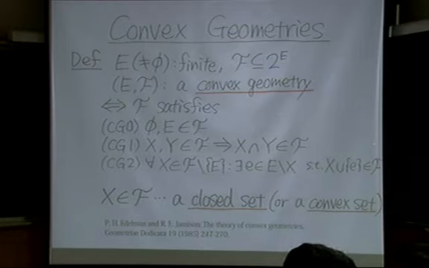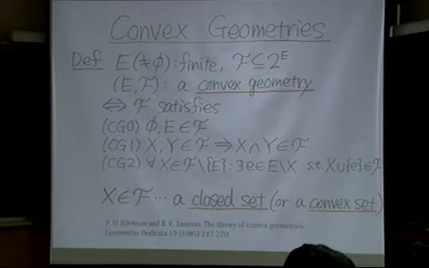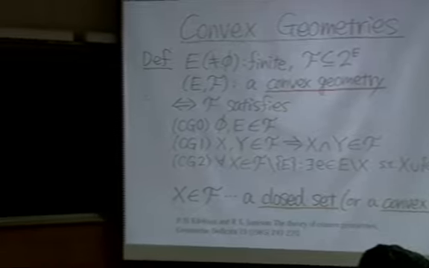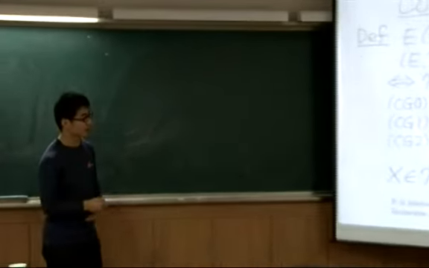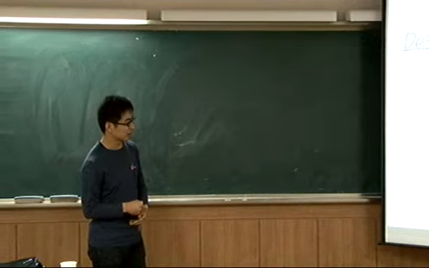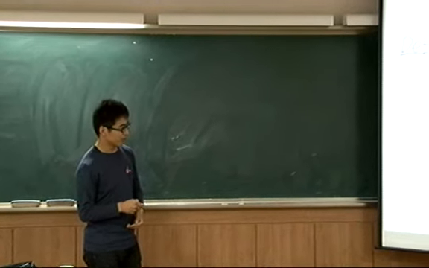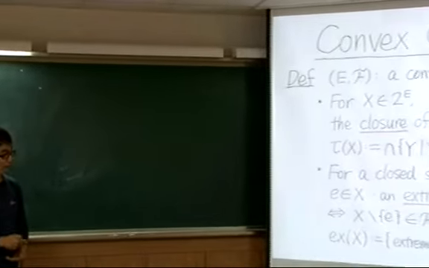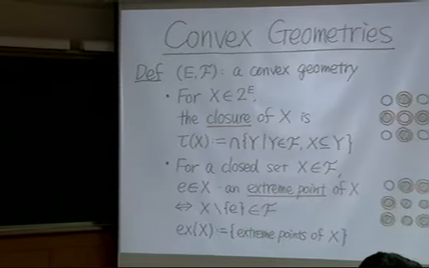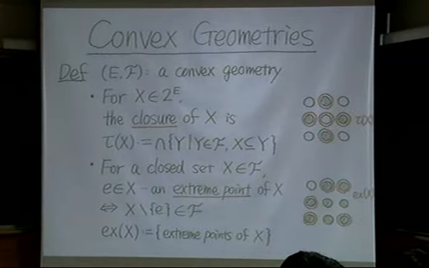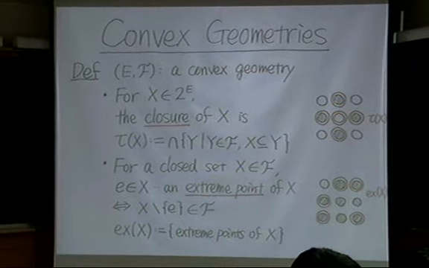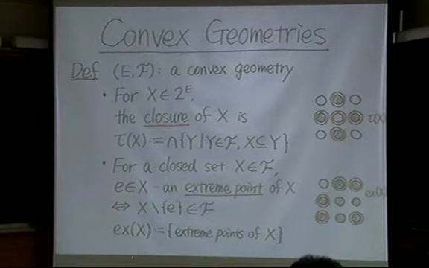Because there is a chain. Yes, indeed. This axiom is indeed equivalent to that all maximal chains have the same length, the number of E. So any closed set always has extreme points, and we denote the set of extreme points of X by ex X.